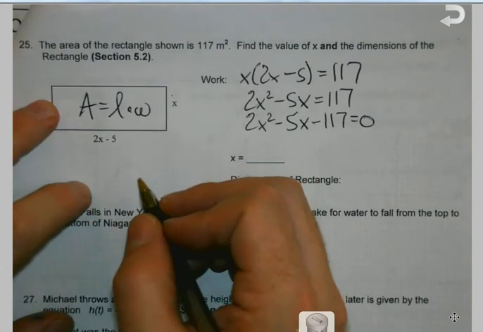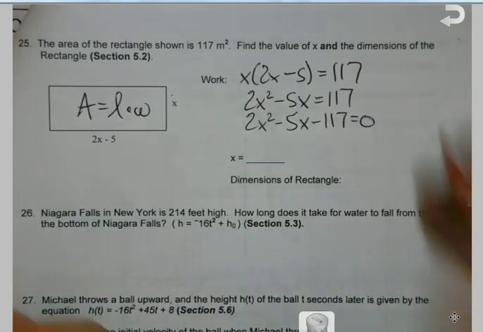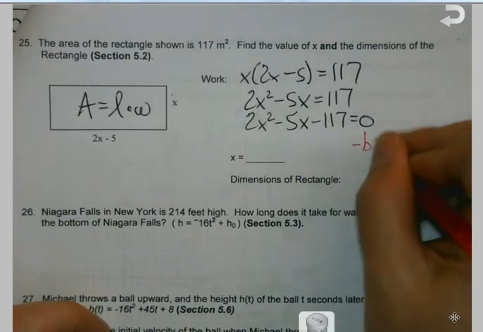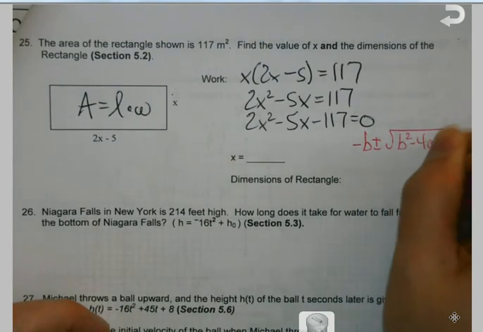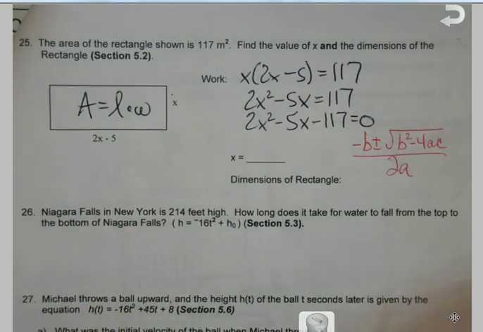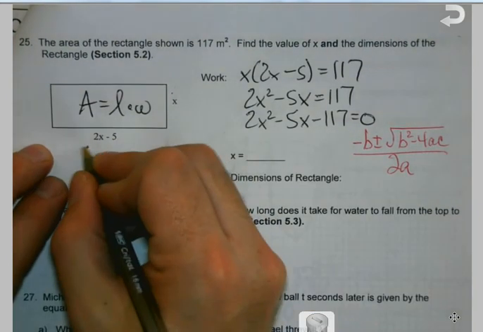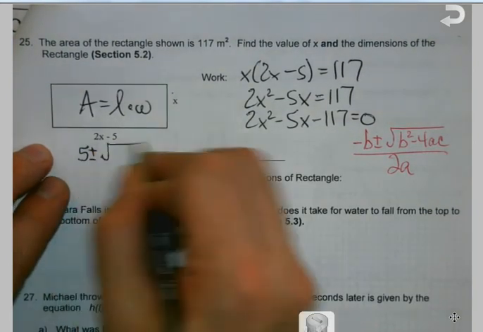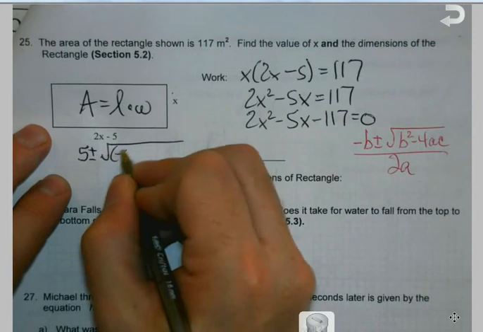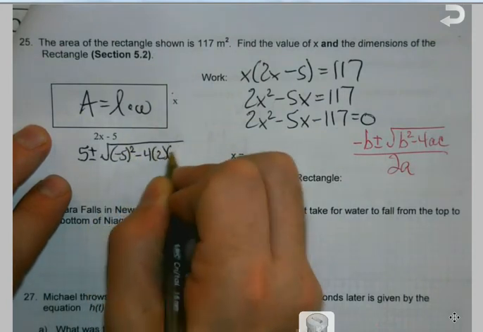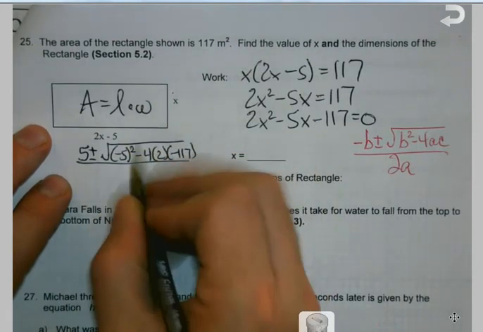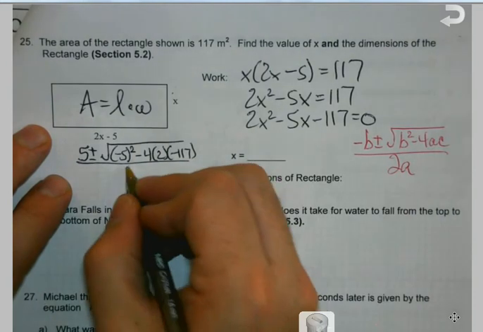So instead, I'm going to use the quadratic formula. Oh, some of you like the quadratic formula. How am I ever supposed to remember the quadratic formula? Okay, there it is. So negative b, the opposite of -5 is 5. b squared minus 4ac all over 2 times a. 2 times 2 is 4.